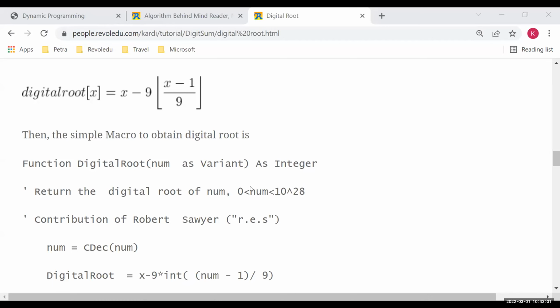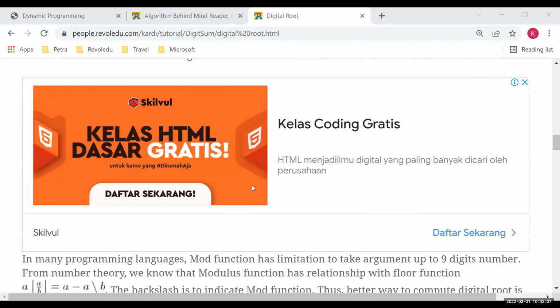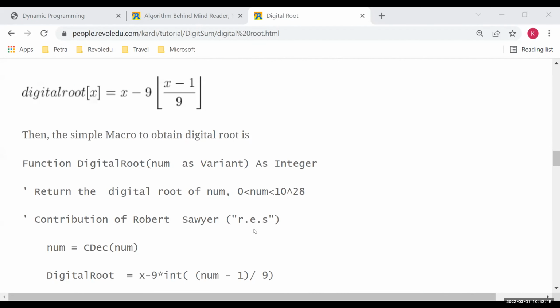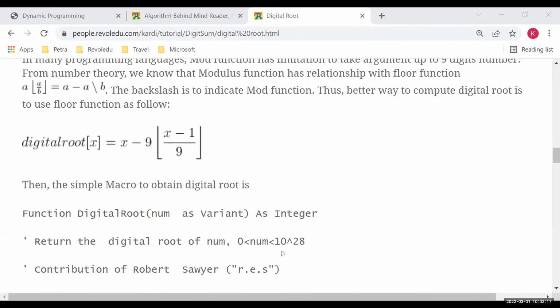Robert Sawyer is an engineer from NASA. He contacted me after I posted this digital root tutorial, and he tried to improve my tutorial. It will always result in 1. Really?